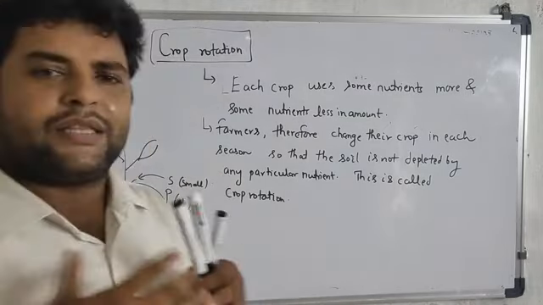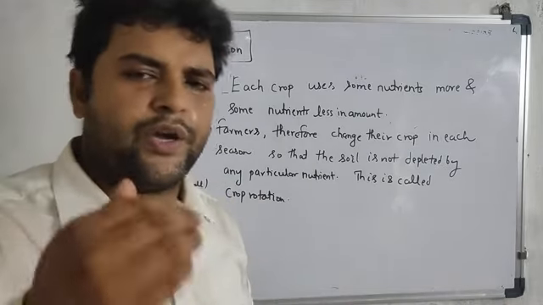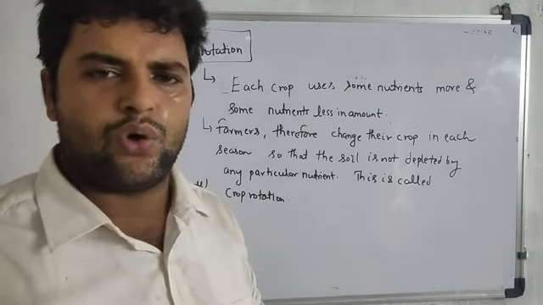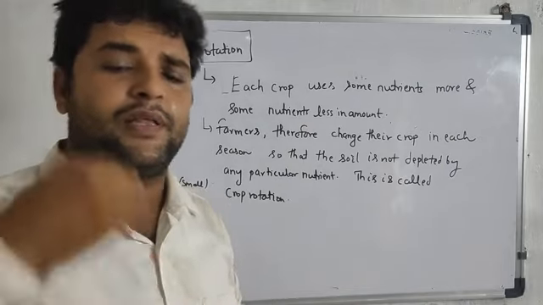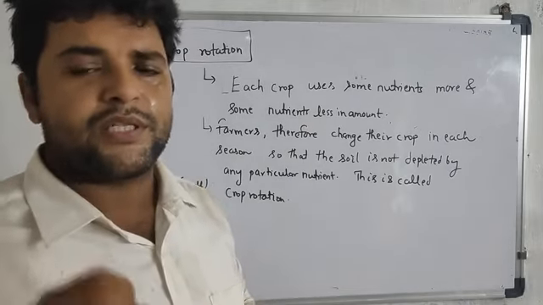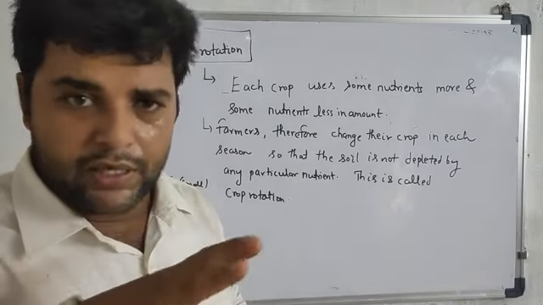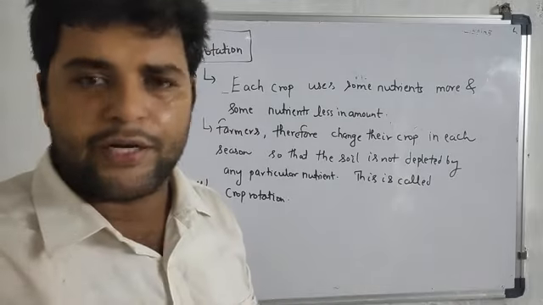Suppose in this season, suppose this is the month of June or July, so here paddy is grown, paddy is cultivated. So in the next season, when the next season arrives after 3 or 4 months, then suppose paddy is grown, so paddy is taking lots of water, lots of nitrogen.